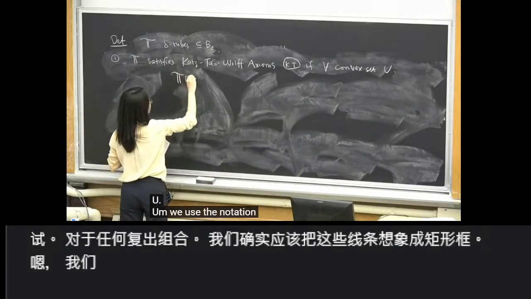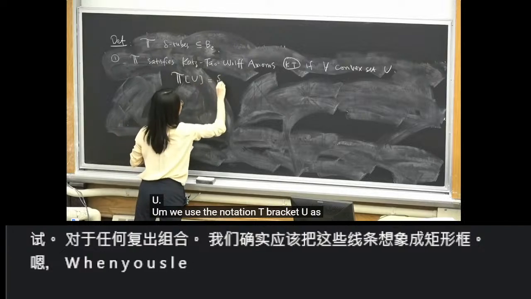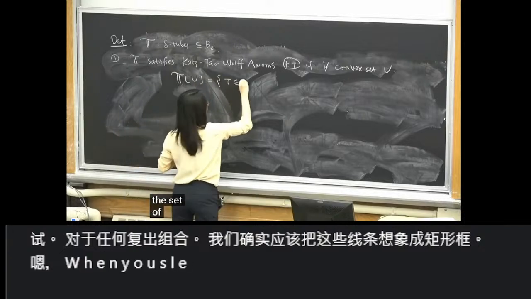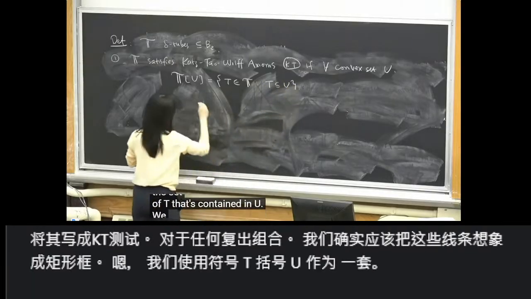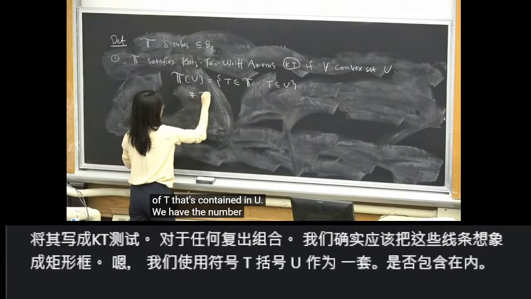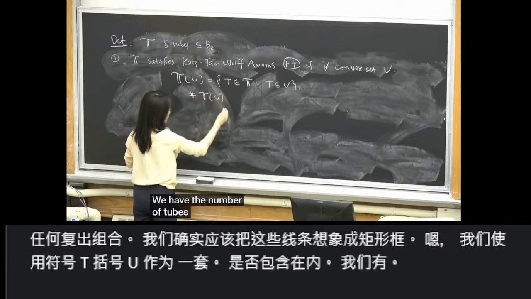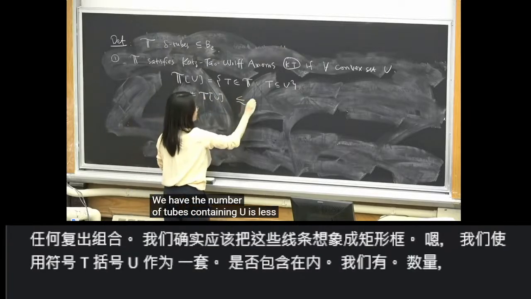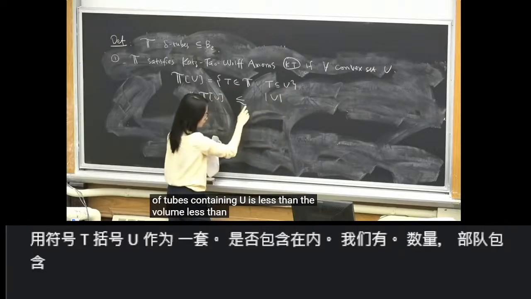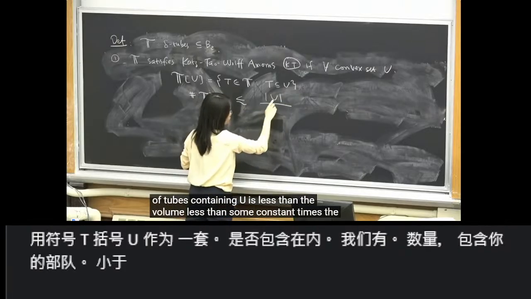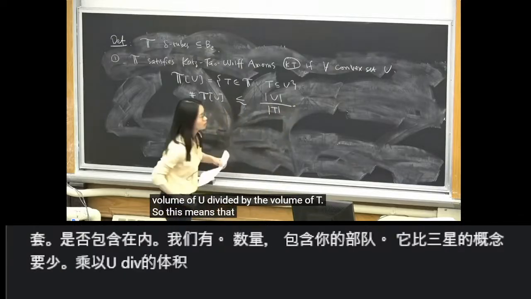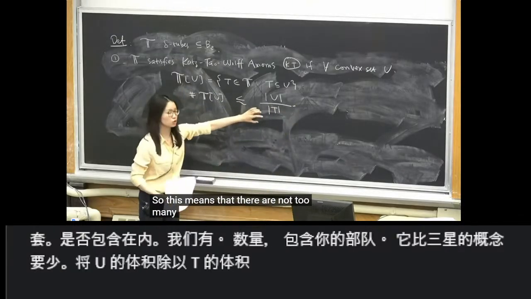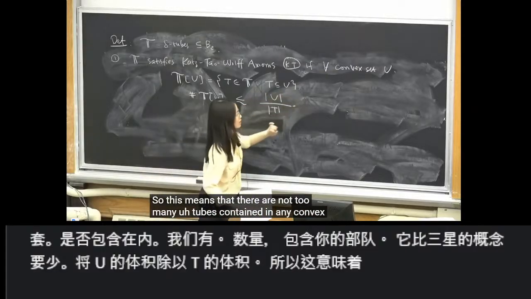We use the notation T bracket U as the set of T that's contained in U. We have the number of tubes contained in U is less than some constant times the volume of U divided by the volume of T. So this means that there are not too many tubes contained in any convex set.